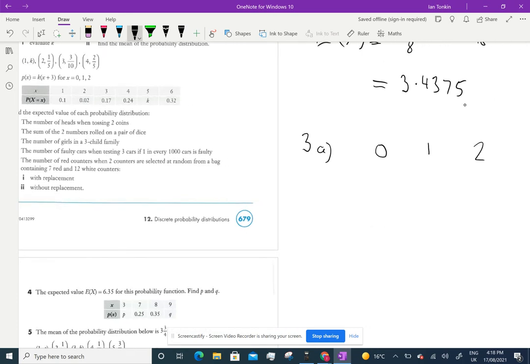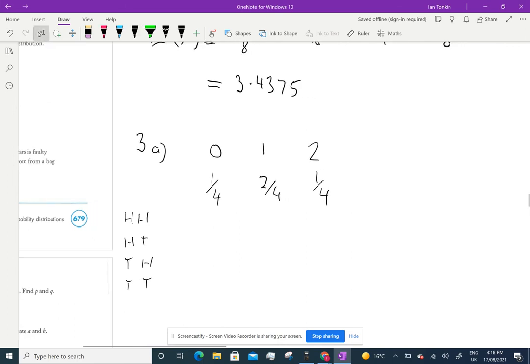Well, what's the probability of getting 0 heads? When I toss 2 coins, I get a head and a head, a head and a tail, a tail and a head, or a tail and a tail. So the chance of getting no heads is 1 on 4, 1 head is 2 on 4, 2 heads is 1 on 4.